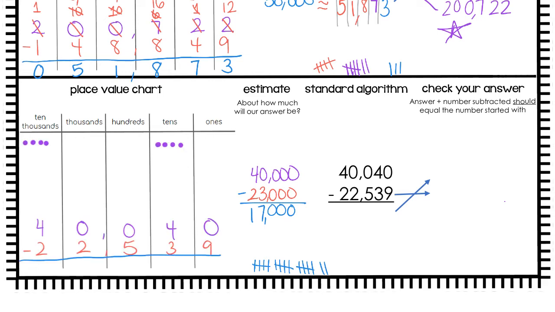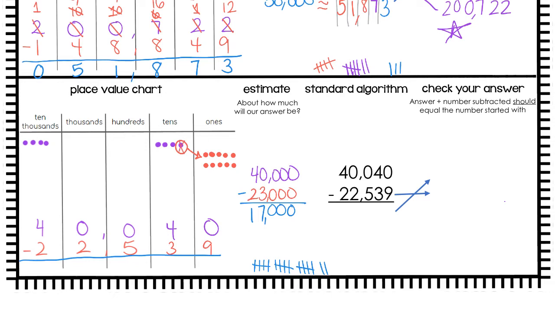All right, we can see there's a lot of zeros in our original number. So that's going to tell us that we're going to regroup several times because we can't take away a larger number from 0. So I have 0 ones. I know immediately, no, I can't take away 9. So I'm going to come over to my tens and regroup. And 1 ten is the same as 10 ones.